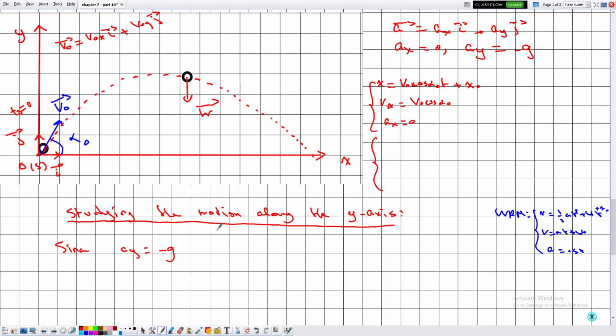The value of the gravitational field strength, verifies the general form ay is equal to a constant, which means that we are talking about UVRM, then the type of motion is UVRM along the y-axis.